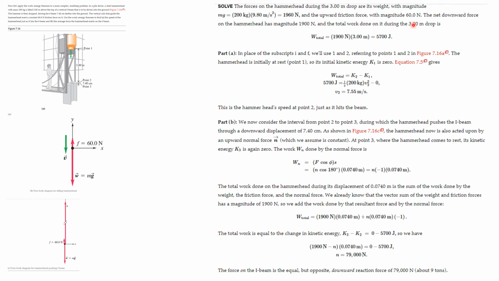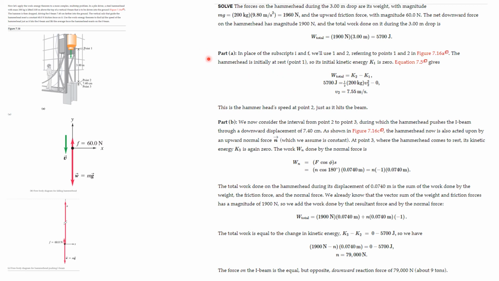So the net force is downward, and you combine the two and you get 1900 newtons. And the total work done on it during the 3-meter drop is 1900 times 3 meters, which is 5700 joules.